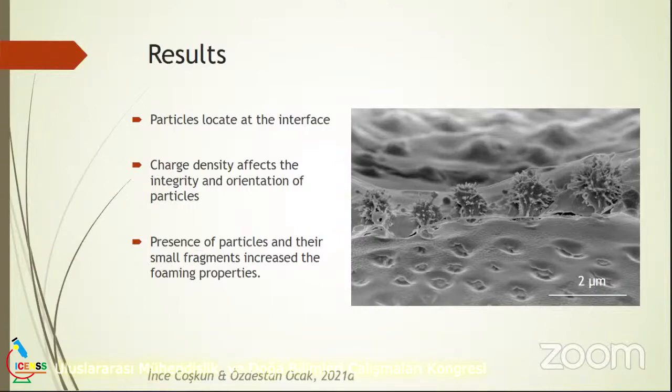One important thing is the integrity of the particles depends highly on electrostatic interactions between them or within them, because if you increase the electrostatic interactions, particles can fall apart and constitute small fragments. So charge density becomes important here, and the coexistence of the particles and at the same time their small fragments.